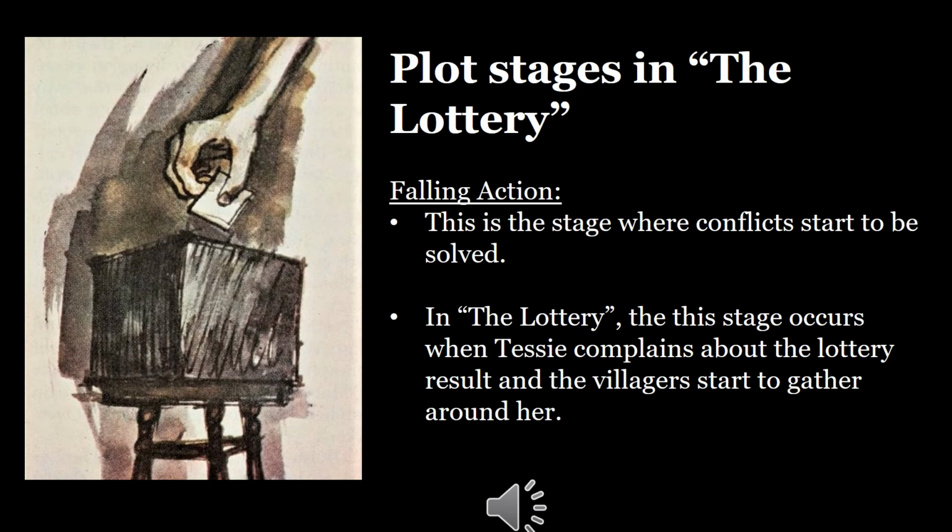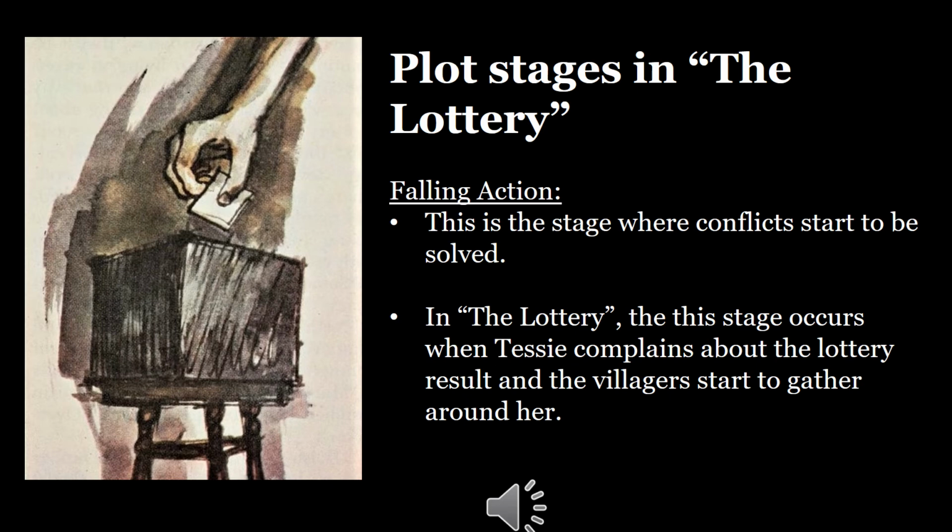Then we have the falling action. Now that you have passed the climax, which is the peak of the story, it's time to move towards a more satisfying conclusion. In the falling action, the conflicts and problems of the story should come to an end and they should start being solved.